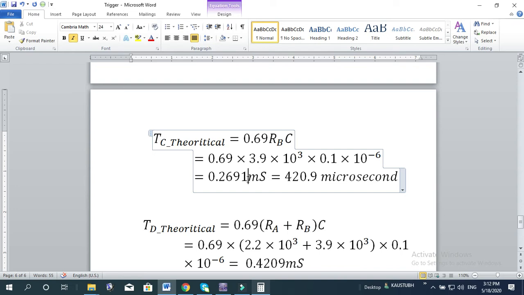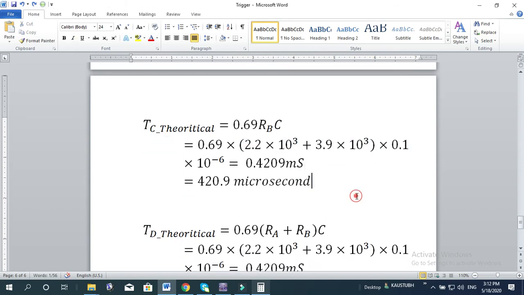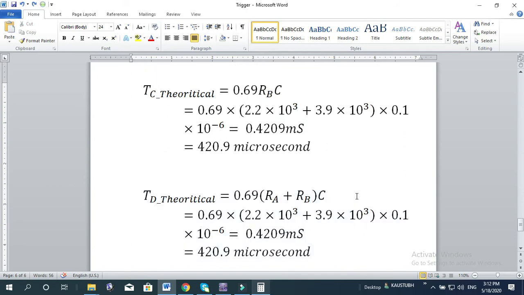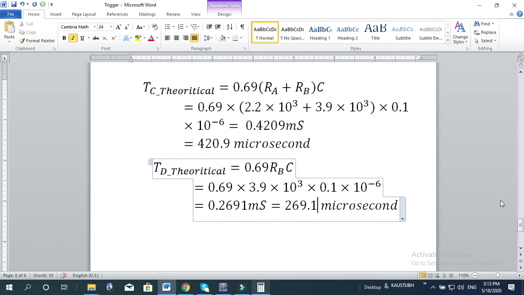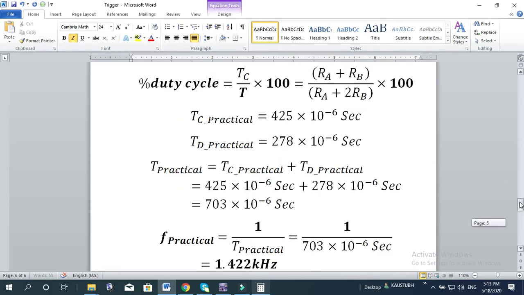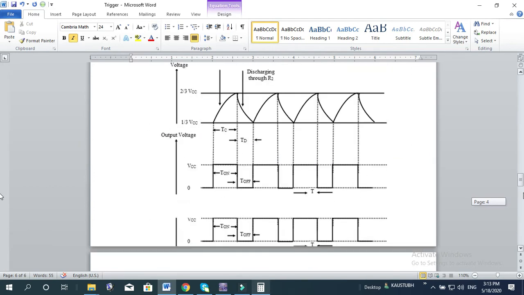That means 269.1 microsecond. Okay, so the TD practical was 278 microsecond. Here we got 269 microseconds, slightly here and there.